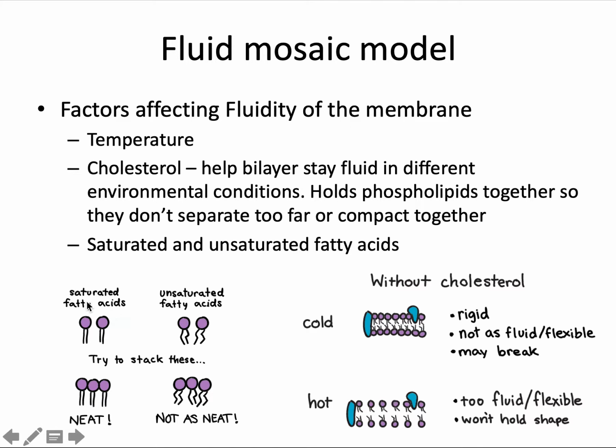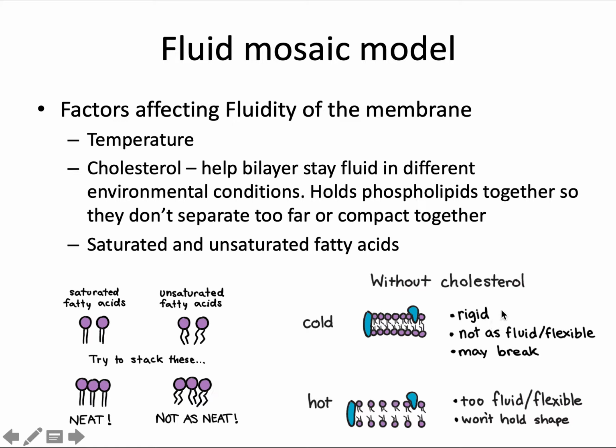If you have only saturated fatty acids as part of the phospholipid bilayer, when you arrange them, they all get stuck together so tightly. If you only have unsaturated, and you stick them together, there'll be too many spaces. So it's a combination of the two.